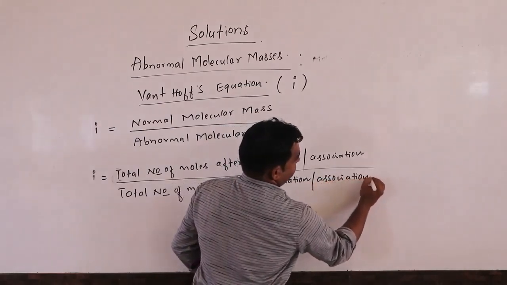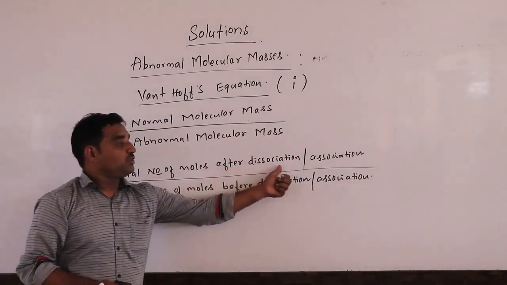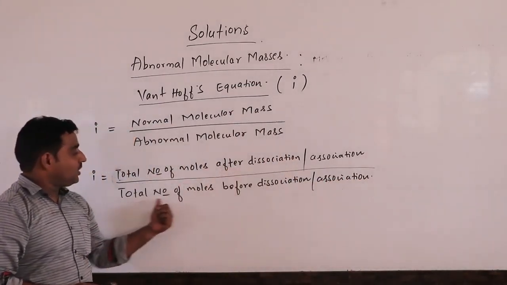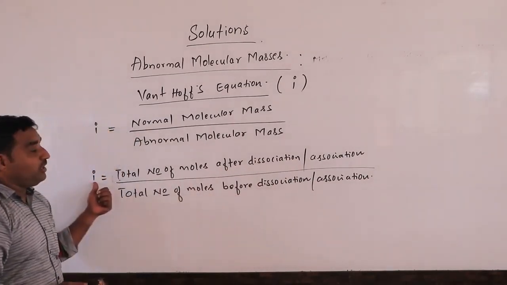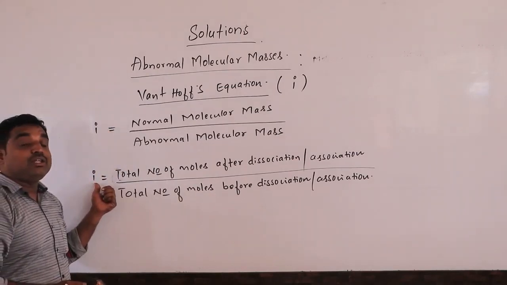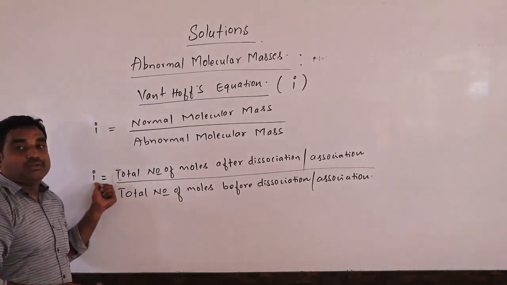We will get the i value, which is used to calculate the extent of dissociation or association.